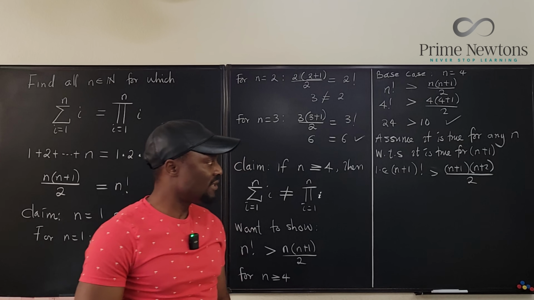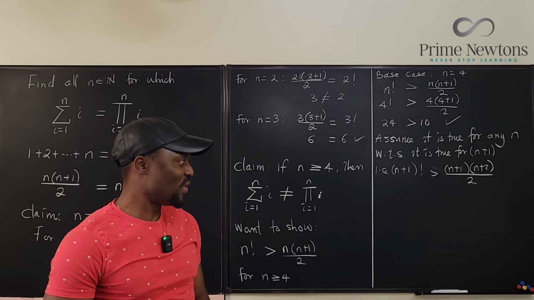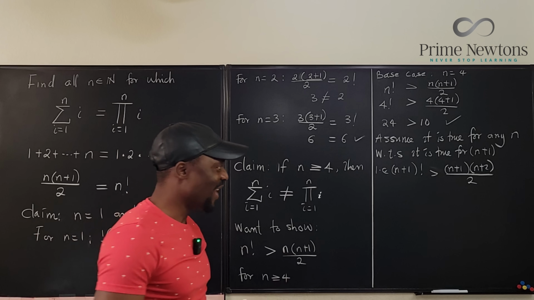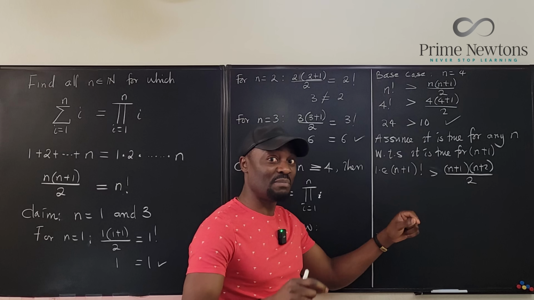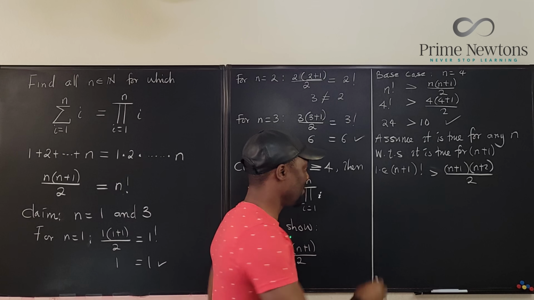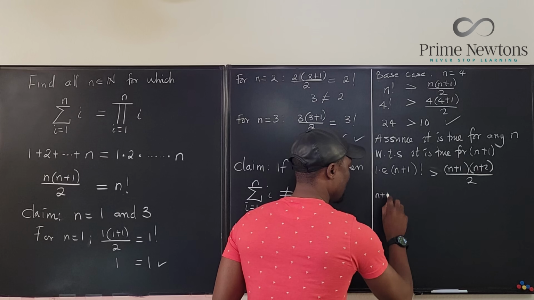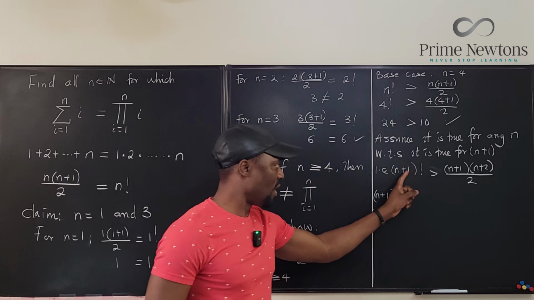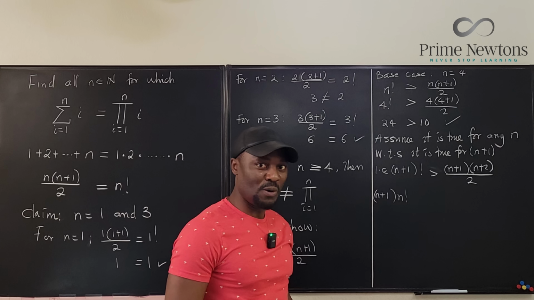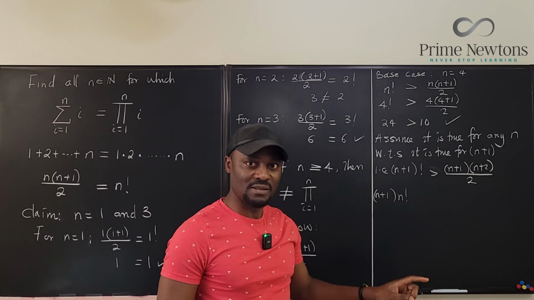Do I have enough space? I think I can squeeze this one in here. So watch this. Here, notice that n plus 1 factorial can be written as n plus 1 times n factorial. We want to show that it is greater than this.